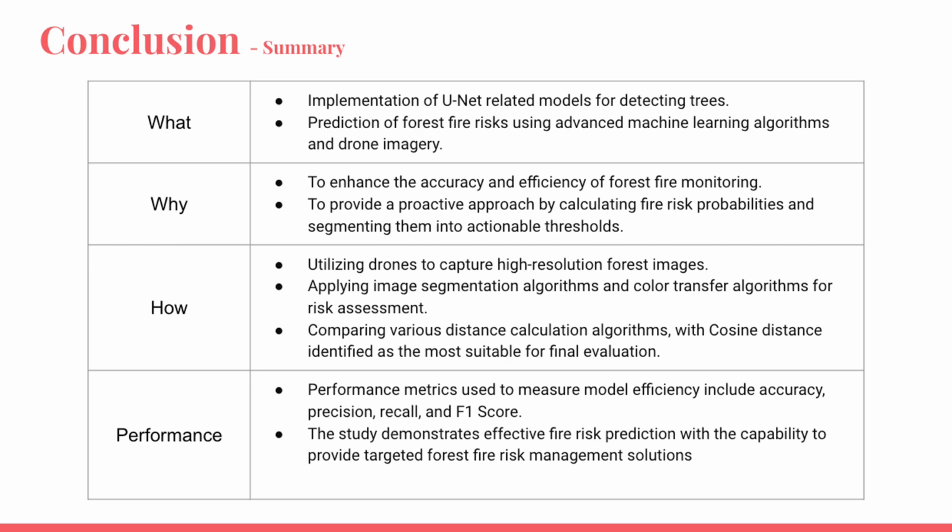For our results, we utilized the performance metrics including accuracy, precision, recall, and F1 score to measure model efficiency. And our study demonstrates effective fire risk prediction with the capability to provide targeted forest fire risk management solutions.